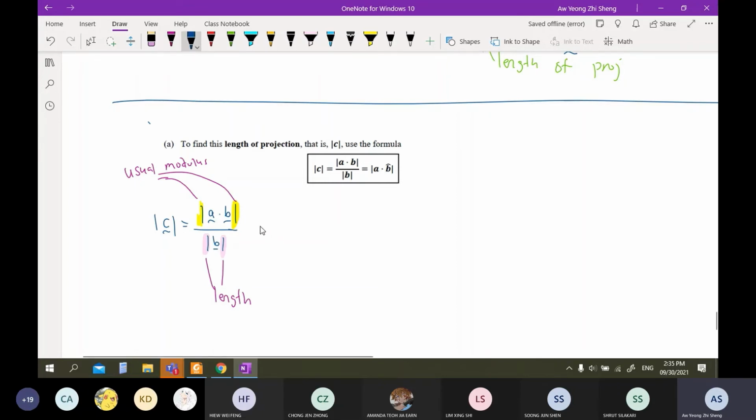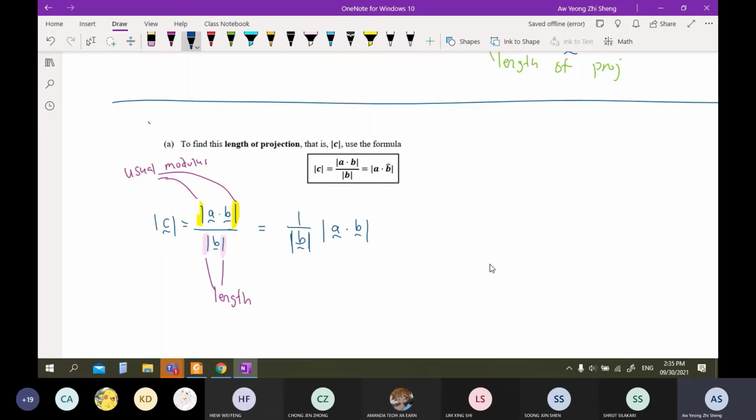Okay. Now, I can always rewrite this thing as 1 divided by modulus B, where modulus B is just some positive number, right? 1 over modulus B is just a positive number. So I can always rewrite this as 1 over modulus B times modulus of A dot B. Okay.